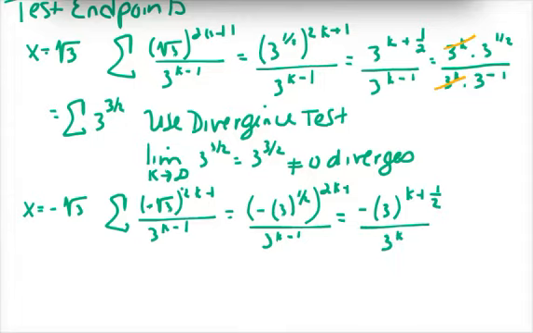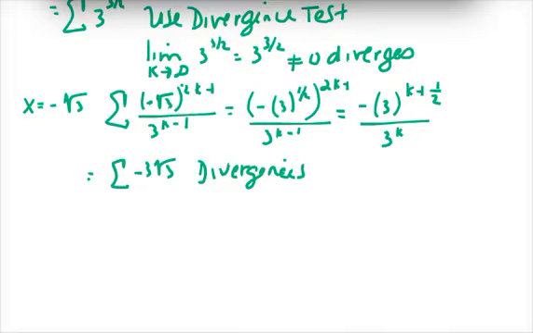Okay, so this is the same sort of thing, except you end up with negative 3 square root of 3. And again, this diverges by the divergence test.